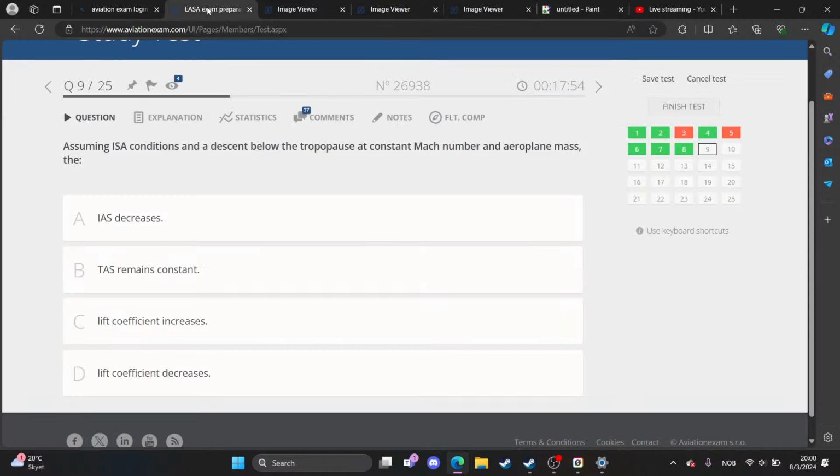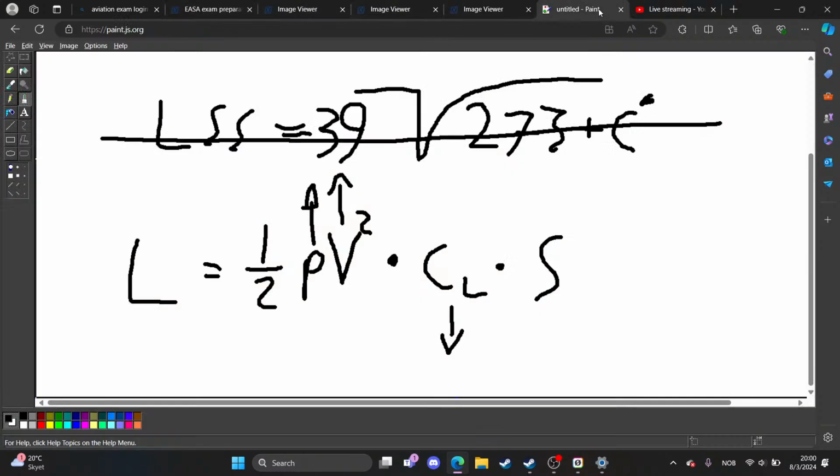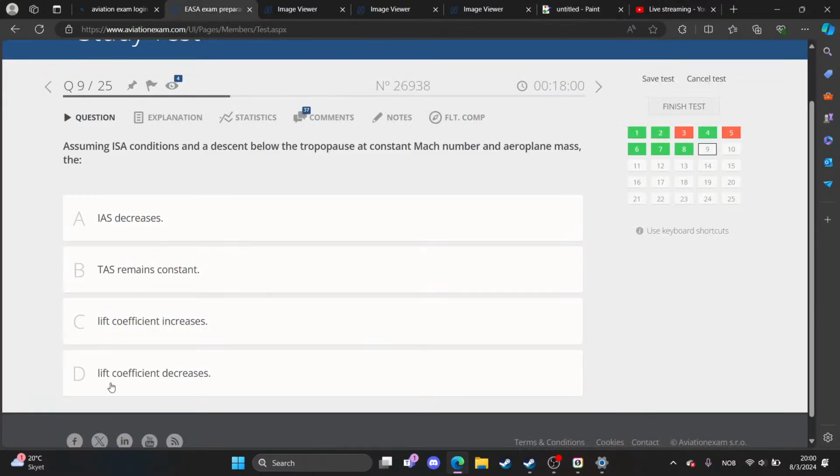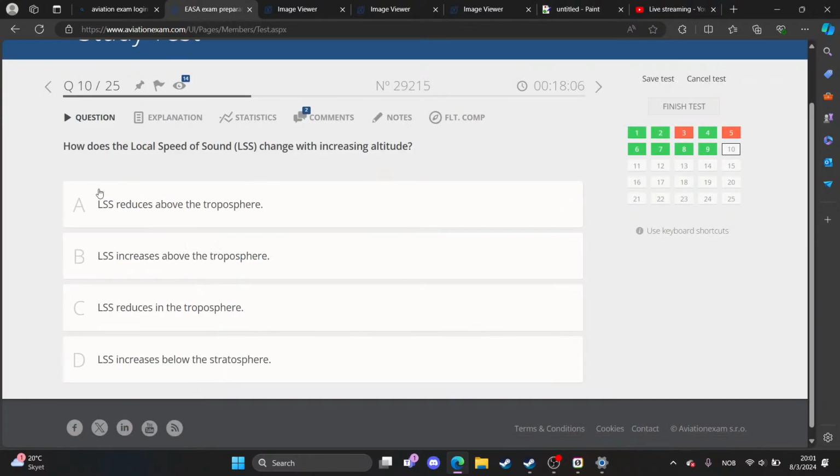So if we look at the answer, hold on. Yeah, that means lift coefficient should decrease. Yes. Does the local speed of sound change with increasing altitude?